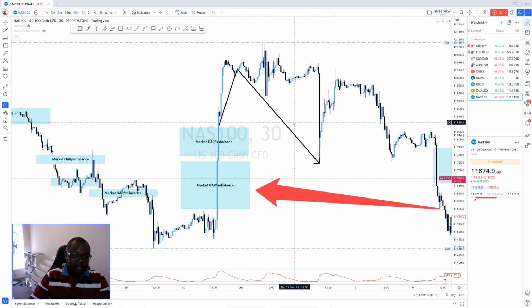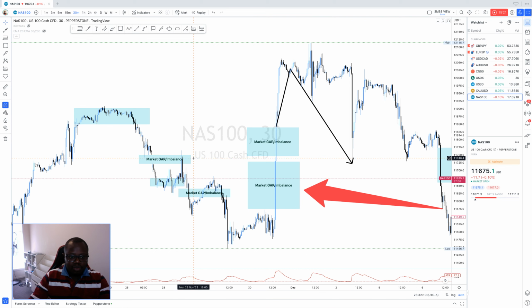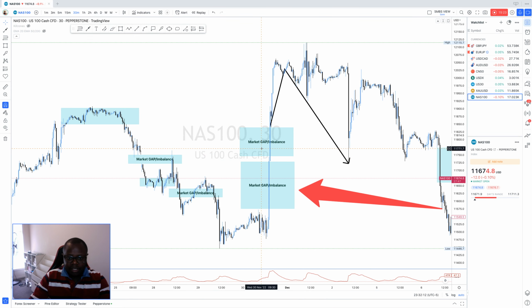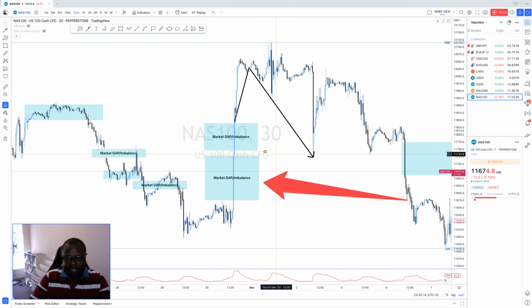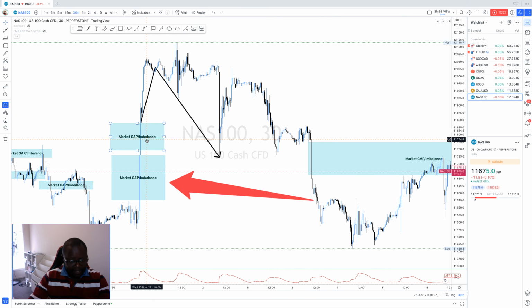A person who saw this imbalance will wait and wait and wait, knowing that at some level or at some specific time, the market will come back to clear this imbalance. So that person might, for example, enter into a sell when price is here.